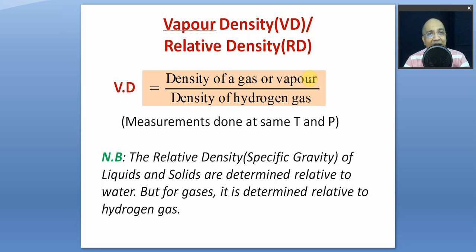For now, you treat gas as the same as vapor, right? And the measurements have to be done at the same temperature and pressure. Whatever temperature and pressure is used to calculate the density of an unknown gas or a gas of our study, the same temperature and pressure have to be used for finding the density of hydrogen gas. So this ratio is called the VD.